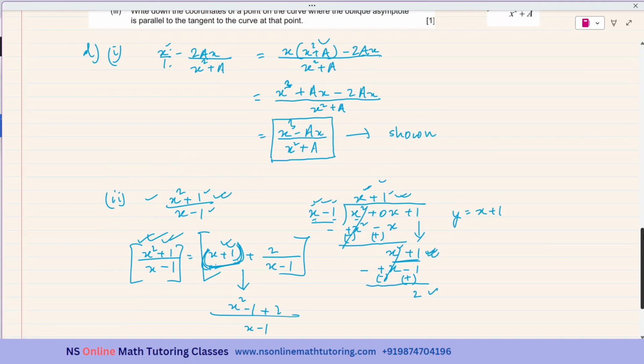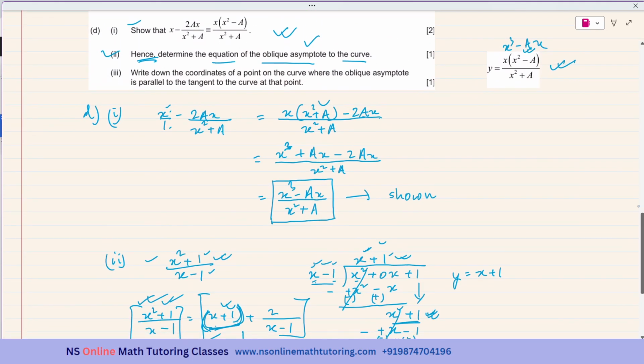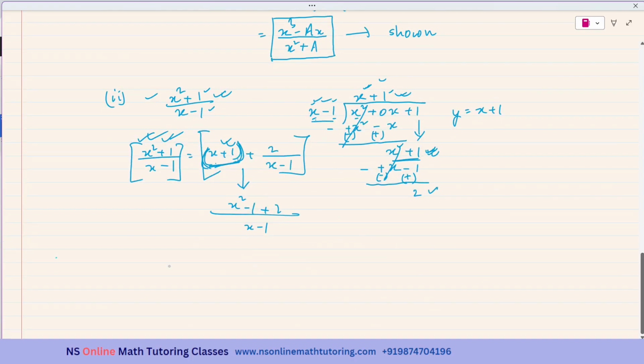Now I come back to the original question. Okay, it was x minus 2ax over x squared plus a. The original expression is x times x squared minus a over x squared plus a. So let me write this: x squared minus a over x squared plus a.